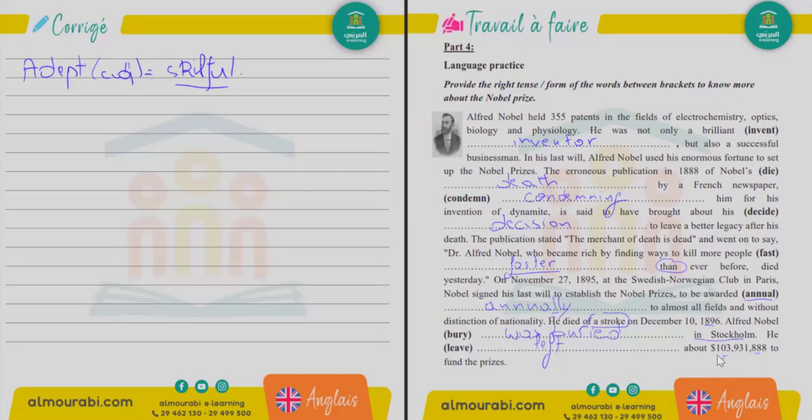Let's read together: 103 million 931,888 to found the prize. Founding is providing that money for the prize. The simple past of leave is left.